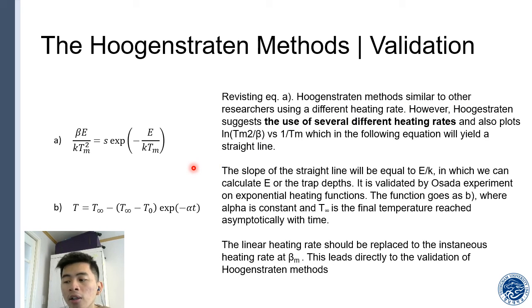The slope of this straight line is the value of the trap depth. That is how we quantify the trap depth with the Hoogenstraaten method.